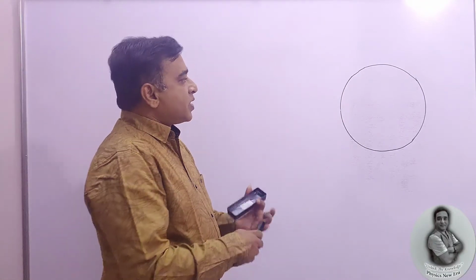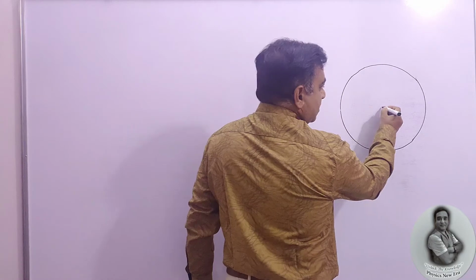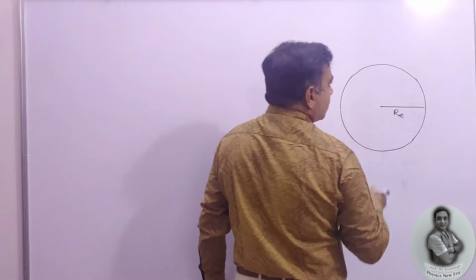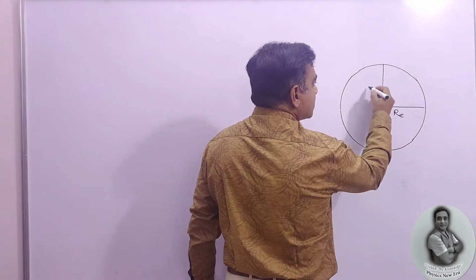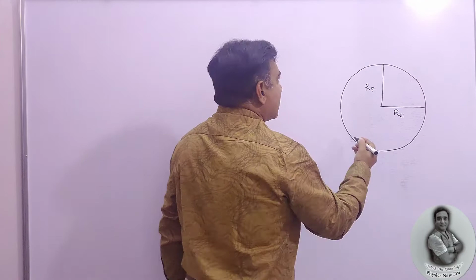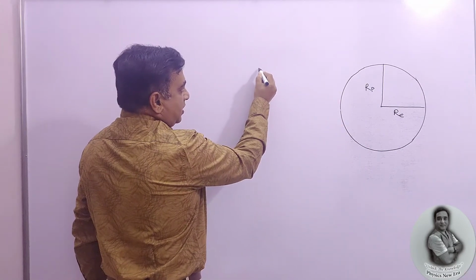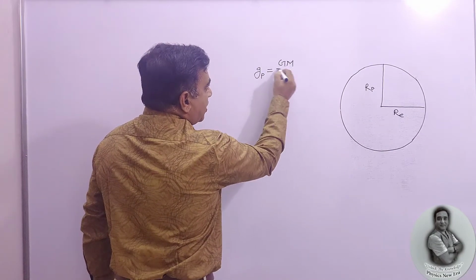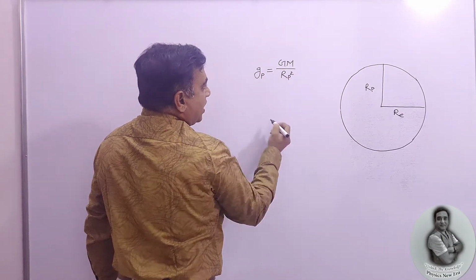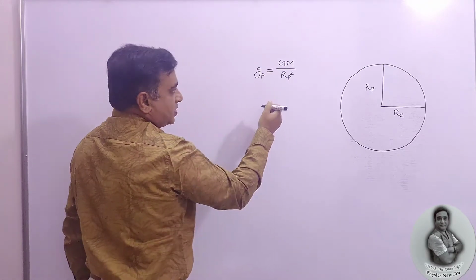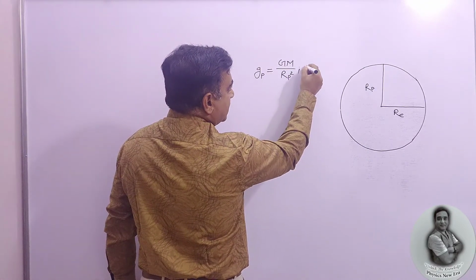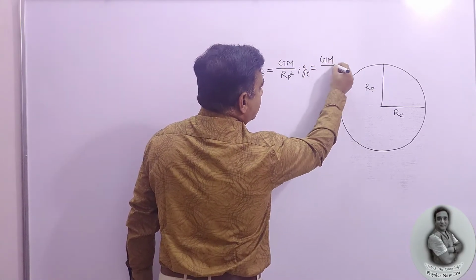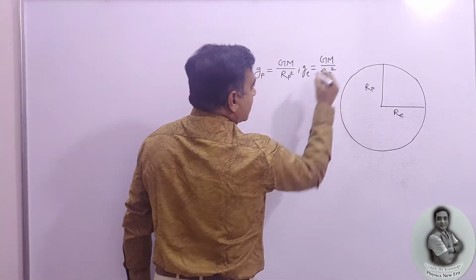It's quite simple. See, from the center we have the equatorial radius RE and the polar radius RP. We know that g at the pole is equal to GM upon RP square, and g at the equator is equal to GM upon RE square.